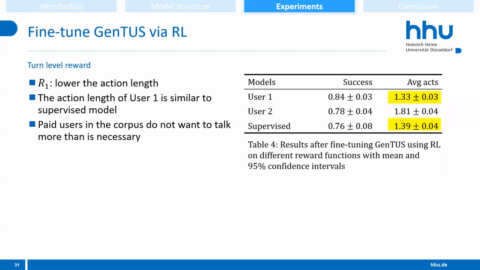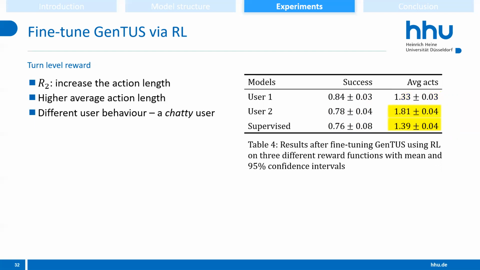We think the reason is the paid users in the corpus do not want to talk more than is necessary, so there is no space to shorten the user action. But let's take a look at user 2, which has a longer user action and a higher average action length, which means we can reshape the user's behavior with different reward functions. We have a different user model, but a tricky one.